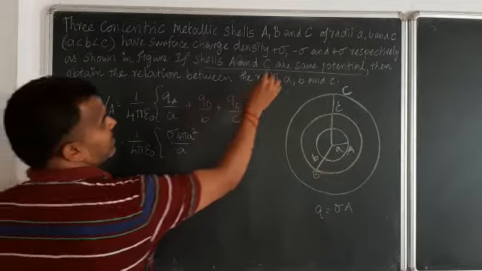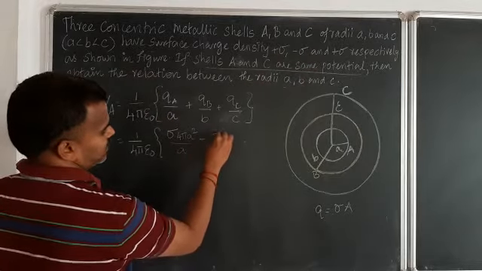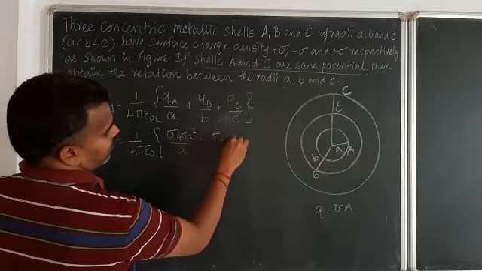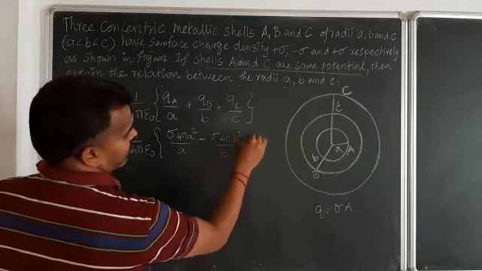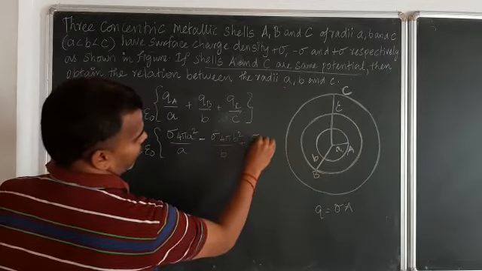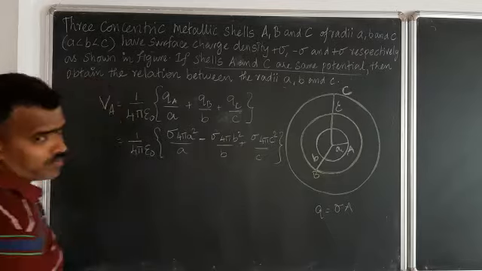The charge density for sphere B is minus sigma, 4 pi b square by b, and similarly for C, plus sigma 4 pi c square by c.